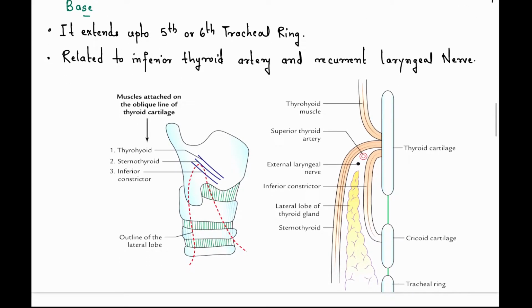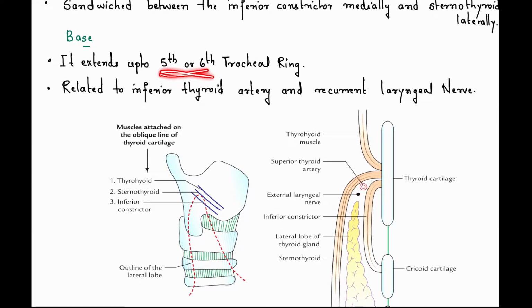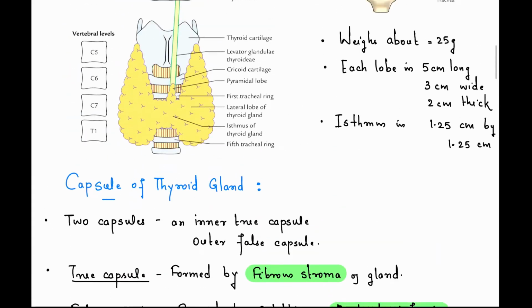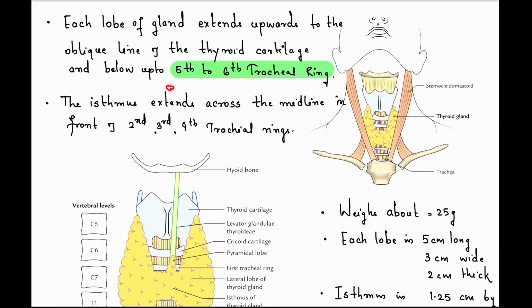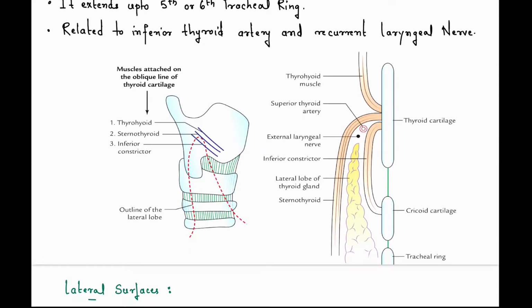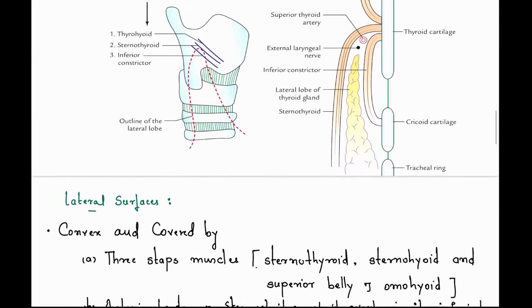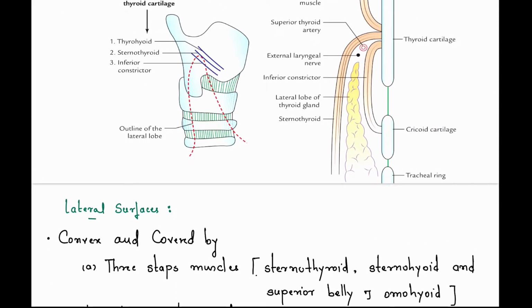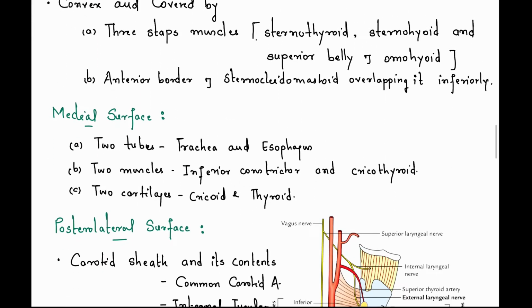The base extends up to the 5th to 6th tracheal ring, as we already talked about, and it's related to the inferior thyroid artery and the recurrent laryngeal nerve that passes by the base of the thyroid.